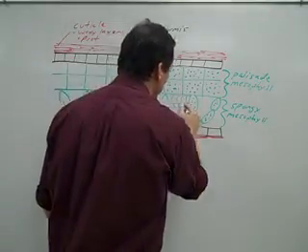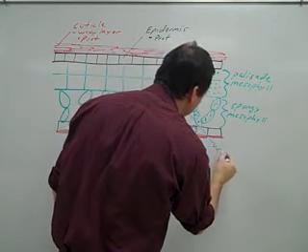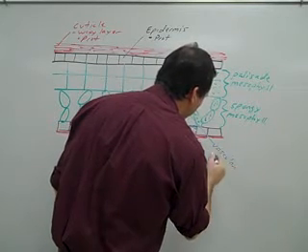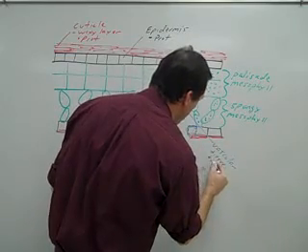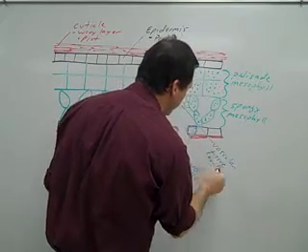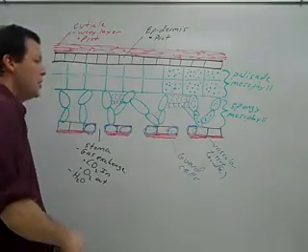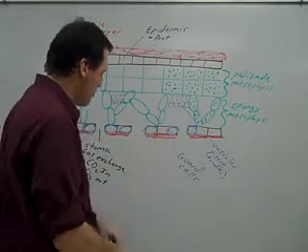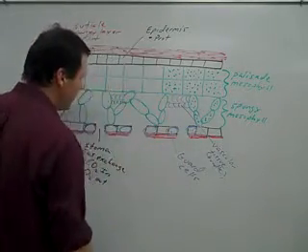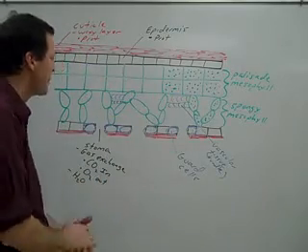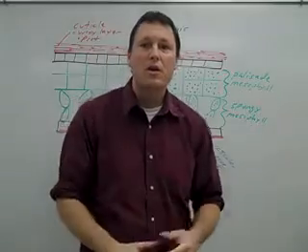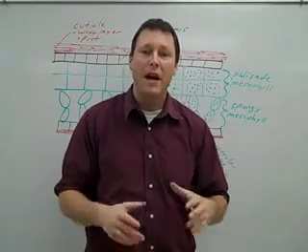This is the vascular tissue here, or we could call it a vascular bundle because that's what it is. It's a bundle of vascular tissue. This is xylem and phloem running through the leaf to deliver the needed materials to the plant. And that is going to be it for our dicot leaf.